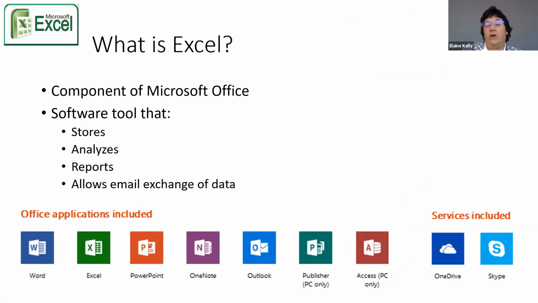So at this point, we're going to switch over to Excel, and I want to just give a quick overview of what it is, as well as its relationship to the Microsoft Office package. All right, Microsoft Office is itself an entire service package of various different software that work together, and one of the key components of the Microsoft Office suite is that the information from one can easily be transferred over into another via certain processes.